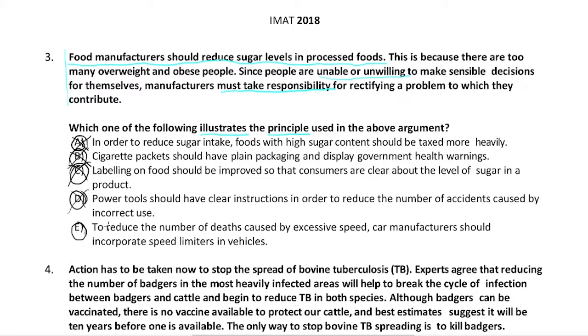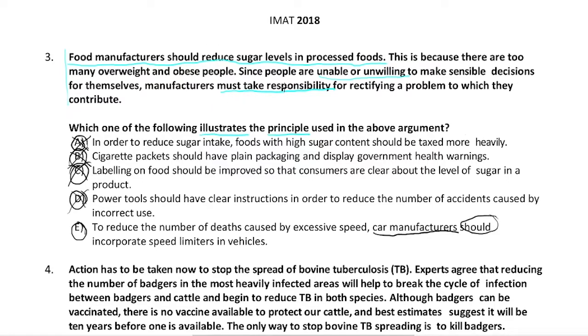Letter E. To reduce the number of deaths caused by excessive speed, car manufacturers should incorporate speed limiters in their vehicles. Okay, so we have car manufacturers, and car manufacturers should make something. In this case, it is actually what the author would say.